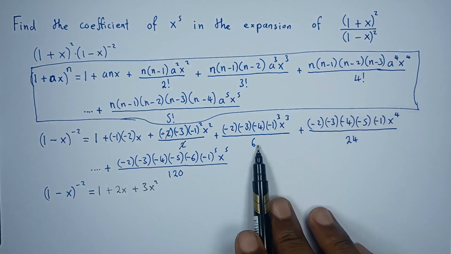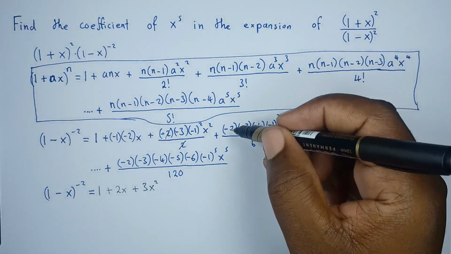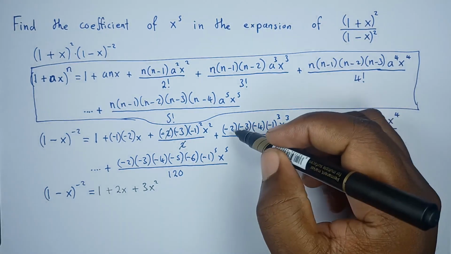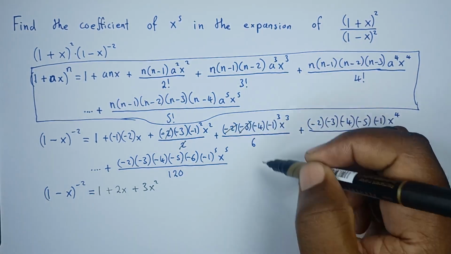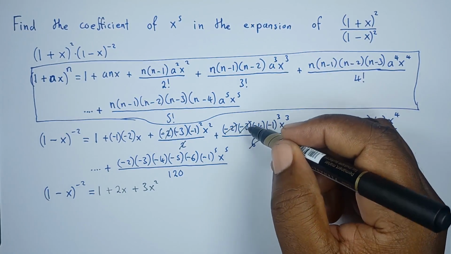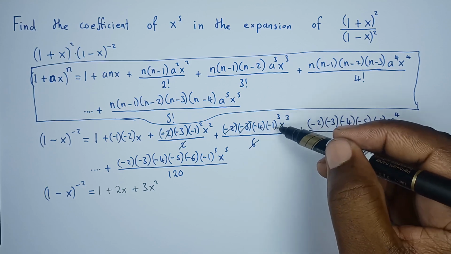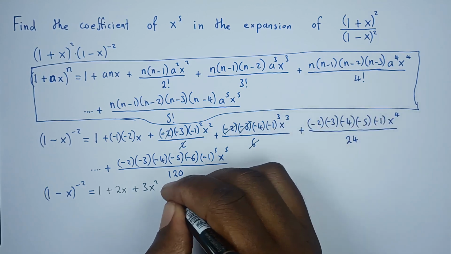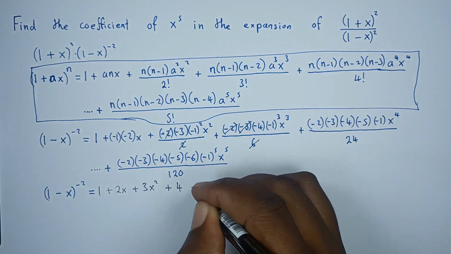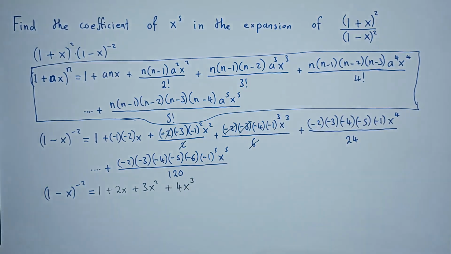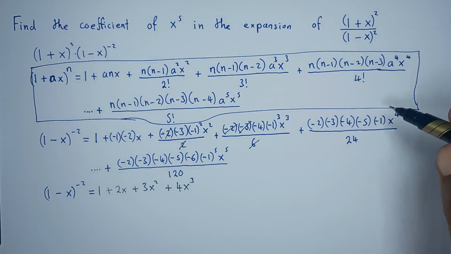Okay, we come here. For this part, negative, negative, positive. So this cancels with the 6. 2 times 3 is 6, cancels with the 6. We just remain with -4 times -1, which will give us +4x to the power 3. Come here. We have a 24. How do we get to 24?